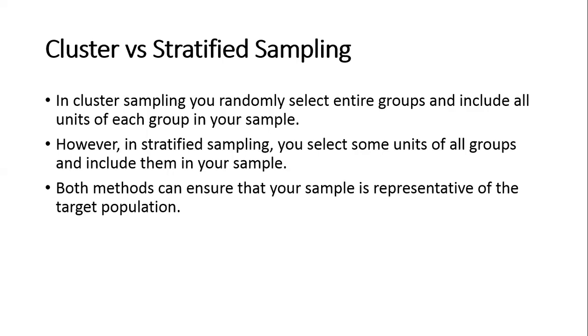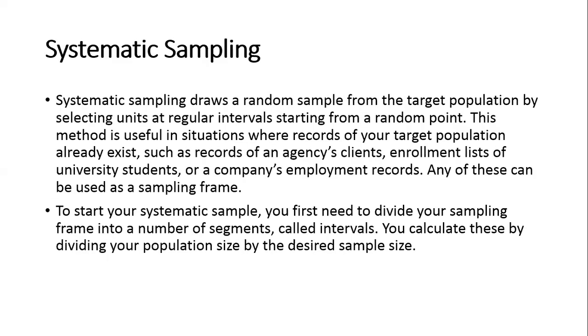However, in stratified sampling, you select some units of all groups, and include them in your sample. Both methods can ensure that your sample is representative of the target population.